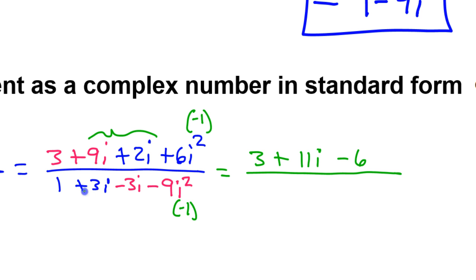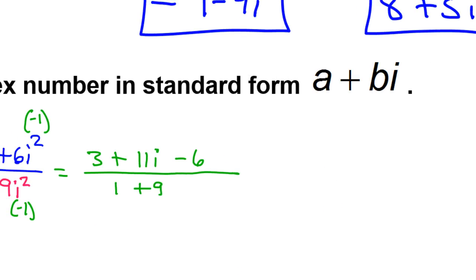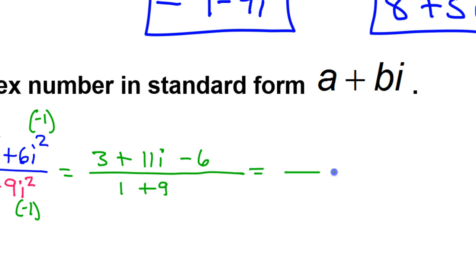And then down here, of course, these are going to cancel out, just like we planned. So I'm going to have 1, and this negative 1 is going to change this to plus 9. So in the denominator now I have 10. Combining the 3 with the negative 6, that's going to give me negative 3, and then plus 11i.